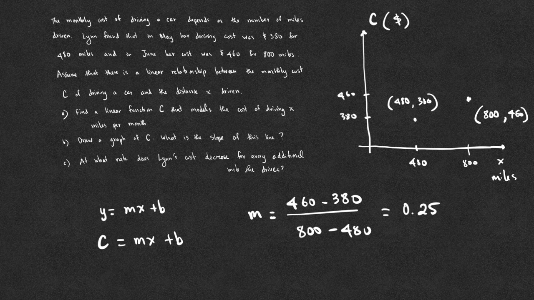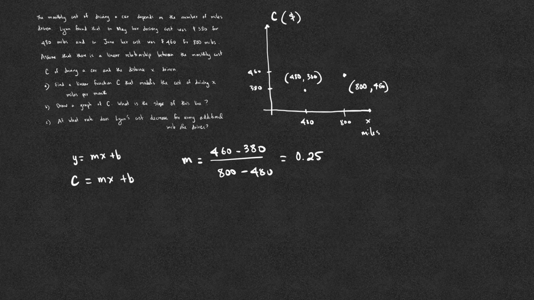This is the slope. Now that we found the slope, we will update the equation. y equals 0.25x plus b. Remember that we will need to replace y with C because C is the dependent variable in this case.